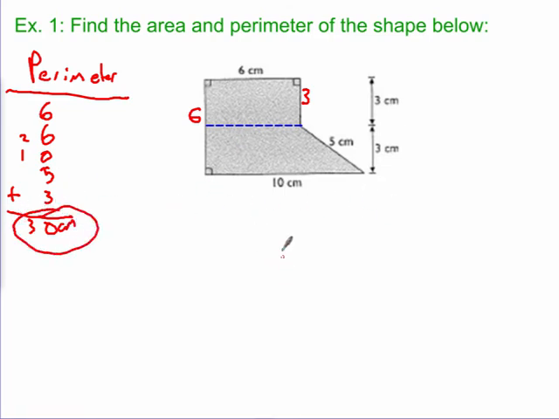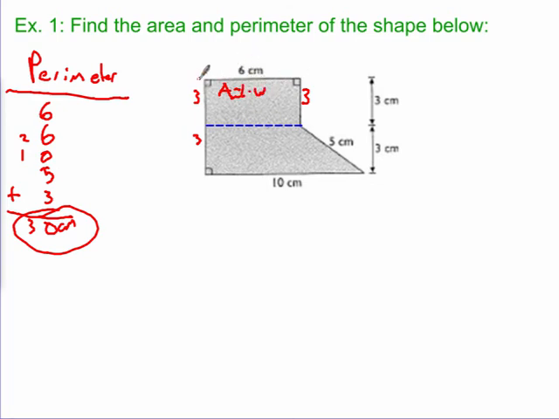Now for the area, well, I've got two shapes here. I've got my rectangle, and I've got my trapezoid. So we're going to find the areas of both of them. I'm going to take this 6, rewrite it as 3 and 3. So the area of this rectangle, we know, is just length times width.